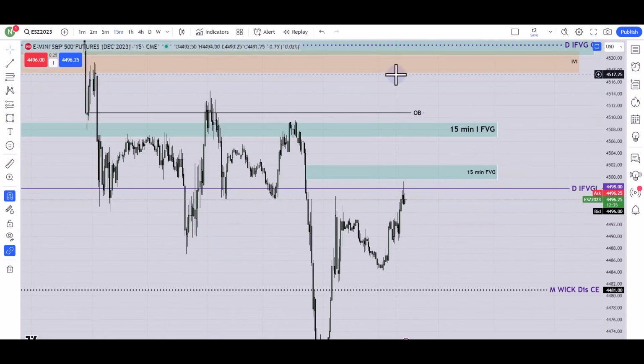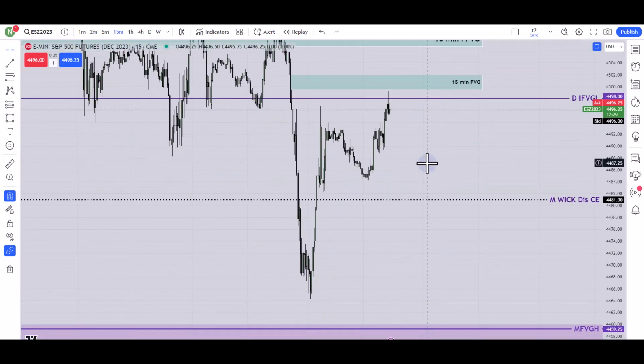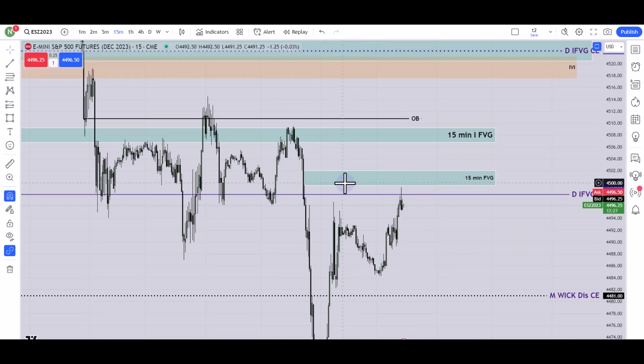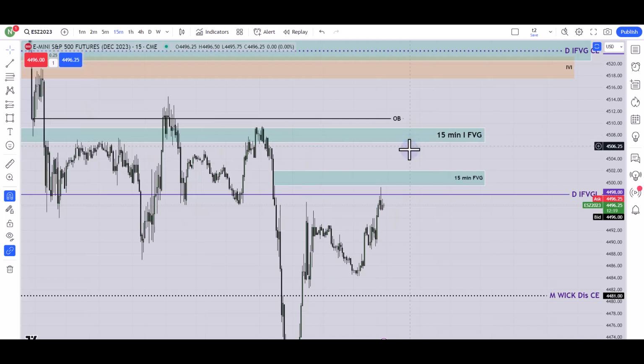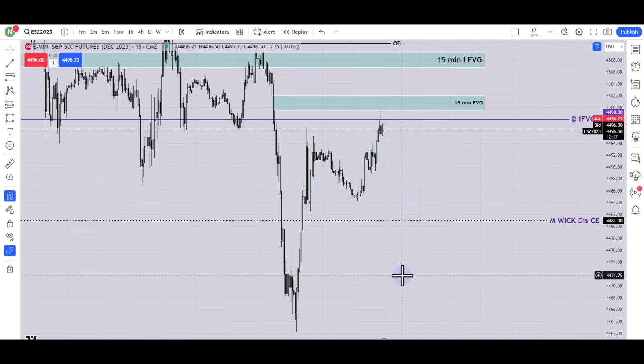That will be more precise for me that price will go lower. On the other hand, if it just stays over here, or it can tap to the 15-minute fair value gap low, it is also possible. I don't mind. But it can't go lower before FOMC, like somewhere here. If it is here somewhere before 2:30, then I have no bias.